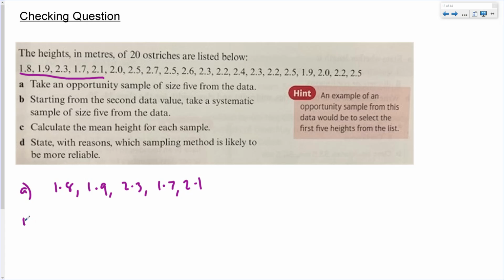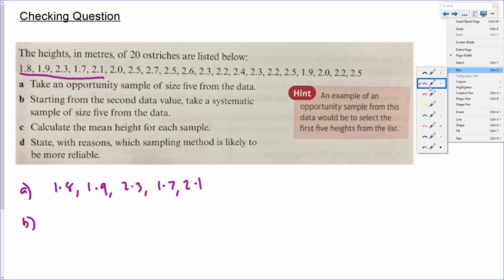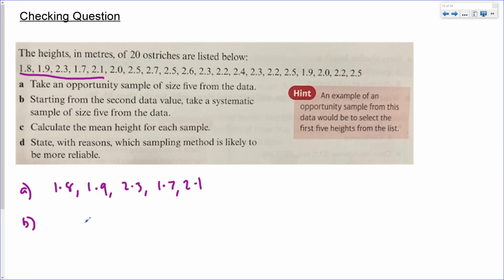Part B says, starting from the second data value, take a systematic sample of size 5. So again, what we need to do is work out how many data items we need to be jumping through. So we need, in this case, to select the sampling interval. We know that there are 20 ostriches, and we need to take a sample size 5.